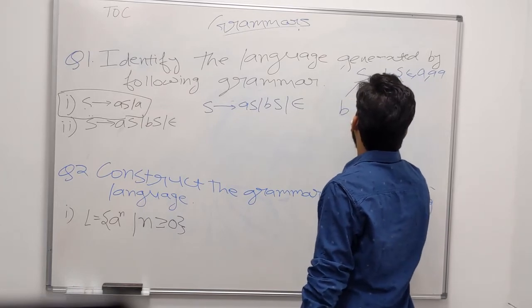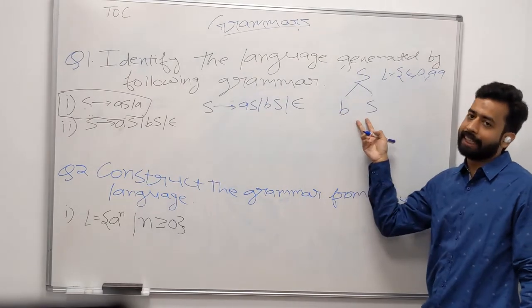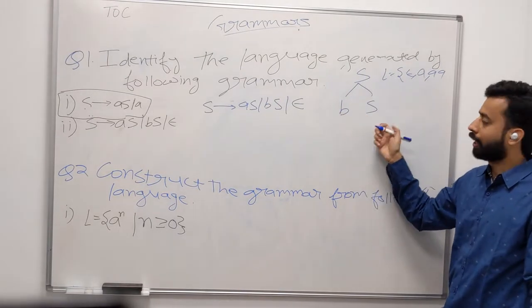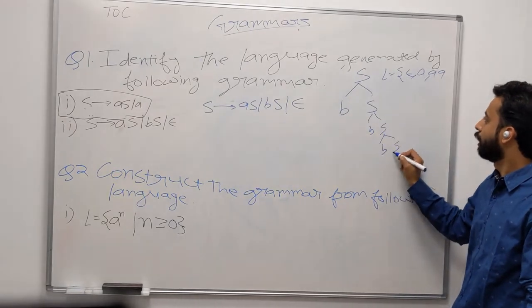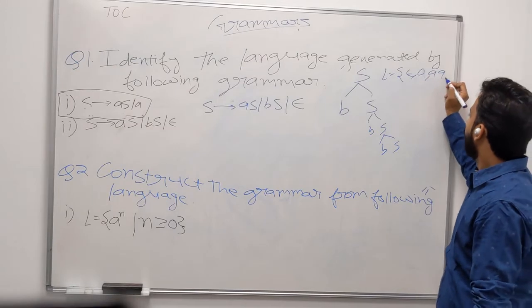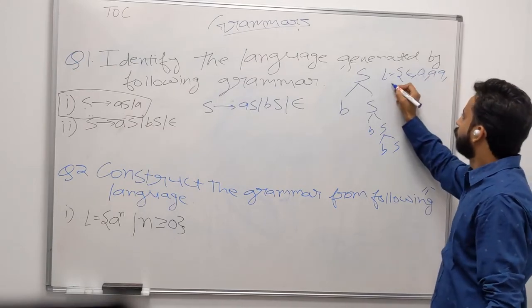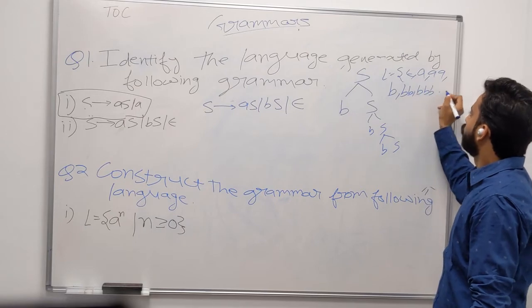BS is just like AS. From AS we were getting any number of A's, so from this we can also get any number of B's. So I am getting any number of A's with epsilon, and also any number of B's, like single B, double B, triple B, and so on.